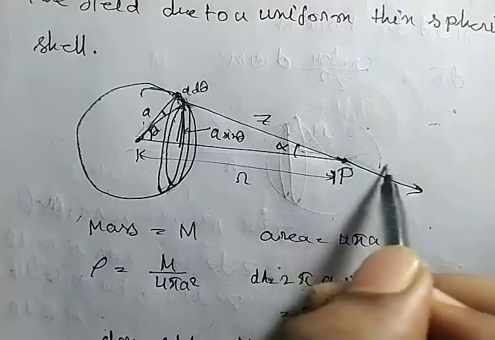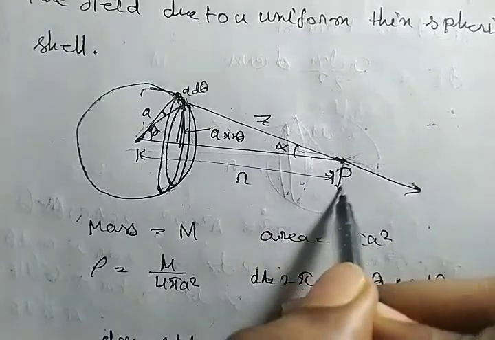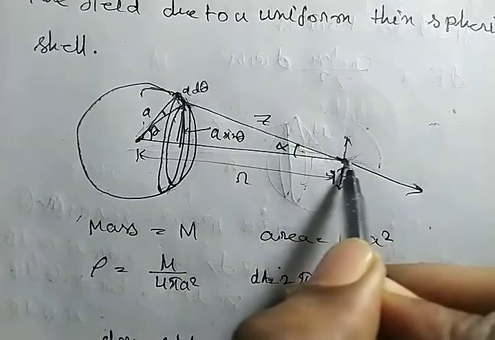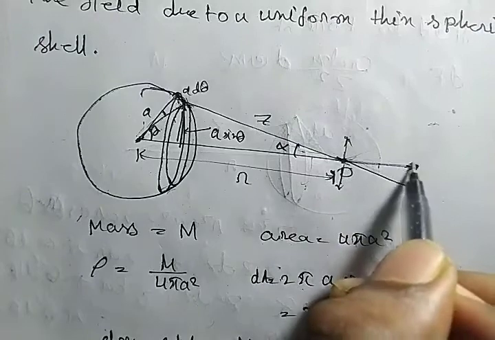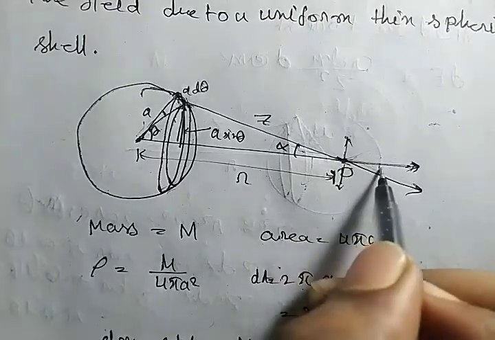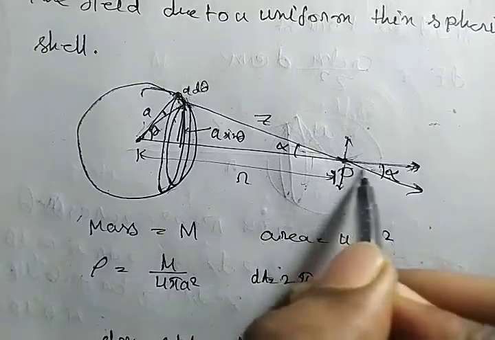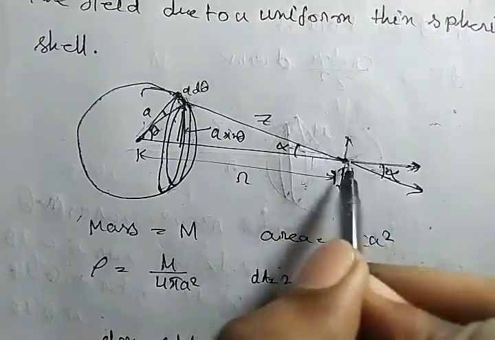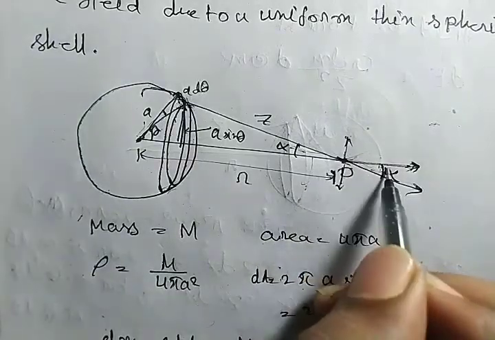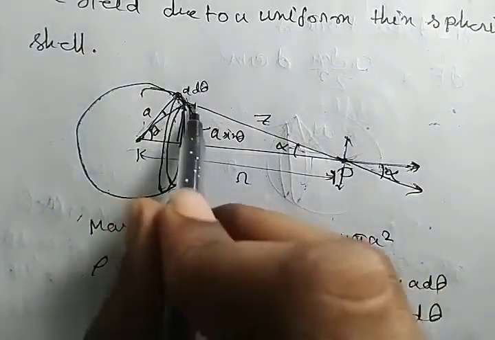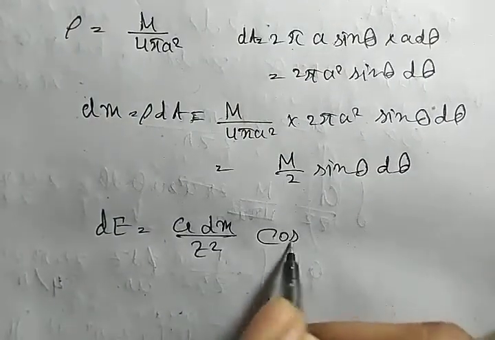So the components perpendicular to this axis cancel out, and ultimately the components along this axis remain. So we'll take the cos components, and this angle is alpha also, as you can clearly see from the geometry here. So we'll take only the cos alpha components of the electric fields due to the elements, and multiply here by cos alpha.